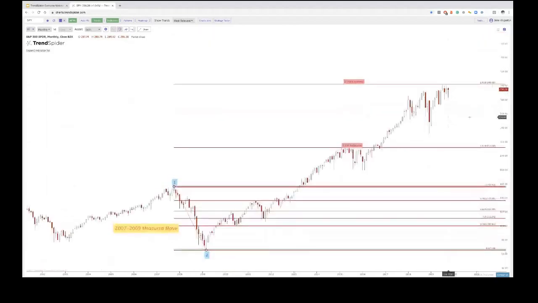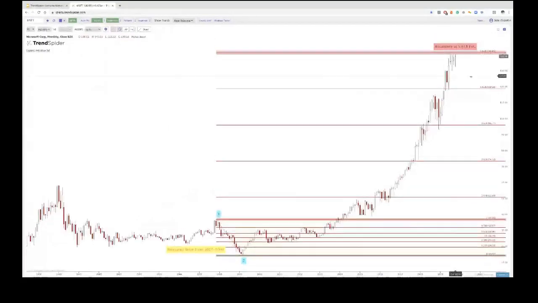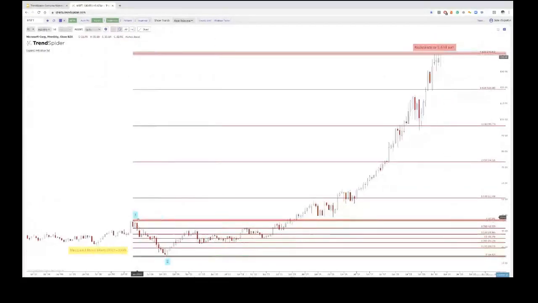Tarek was showing me a couple different examples of using the 618 extension. And so I was like, okay, well, let's check out Microsoft. And you can see how well this area has been respected up to the 5th extension here on the monthly candle. So what I did was I just took the measured move from the financial crisis in 2007 to 2009. This is the original move 1 to 2.